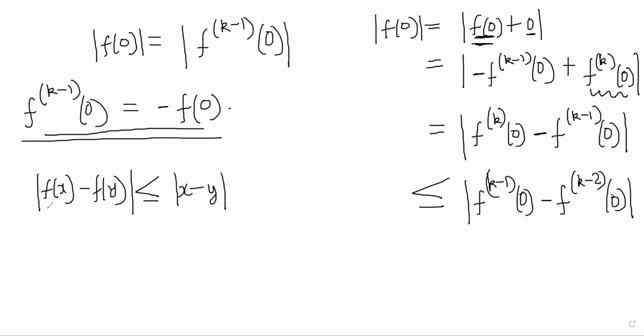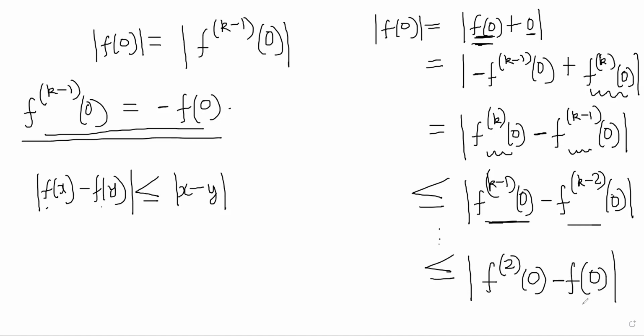So if you remove f from both terms, you will get a less than or equal to inequality, right? So here there were k f's, here there were k minus 1 f's, and I've removed one f from both. So I'll get this, and there will be a less than or equal to sign here. And you keep doing this process till you end up with f of 2 of 0 minus f of 0, and one more time, if you do it, you will get f of 0 minus 0 less than or equal to.